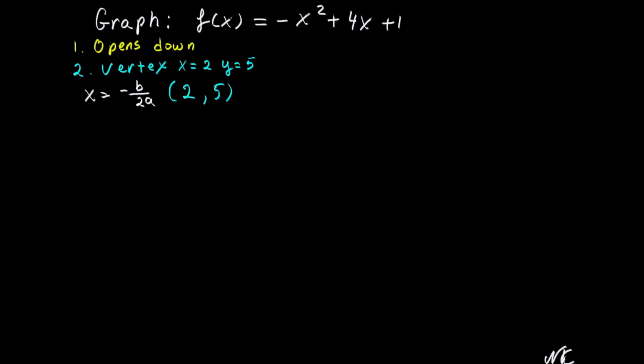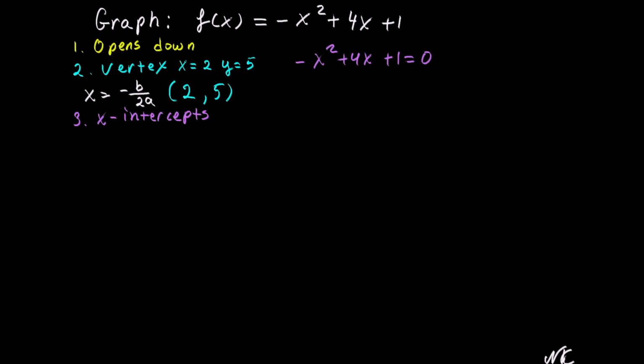The next thing we need to do is to calculate the x-intercepts, and we do that by setting our function equal to 0. So when f of x is equal to 0, when y is equal to 0, we find which x values give us y equals 0. Let's set negative x squared plus 4x plus 1 equal to 0.